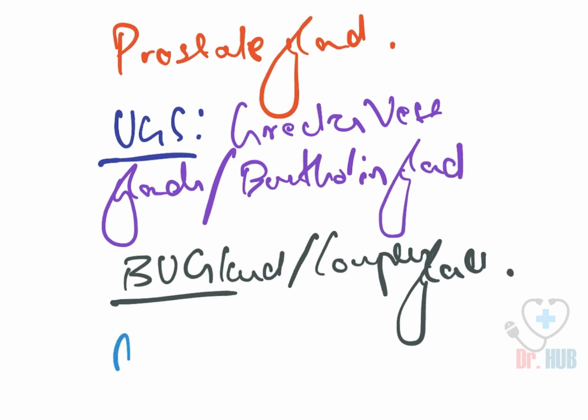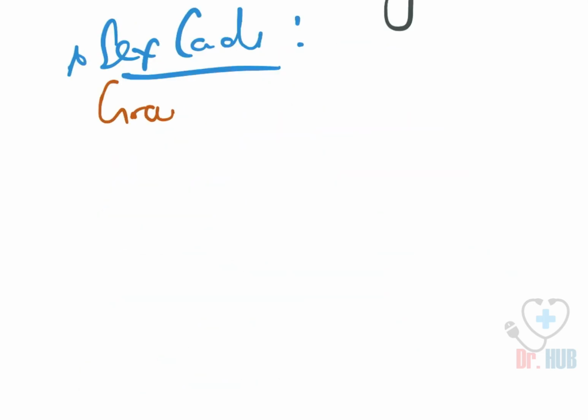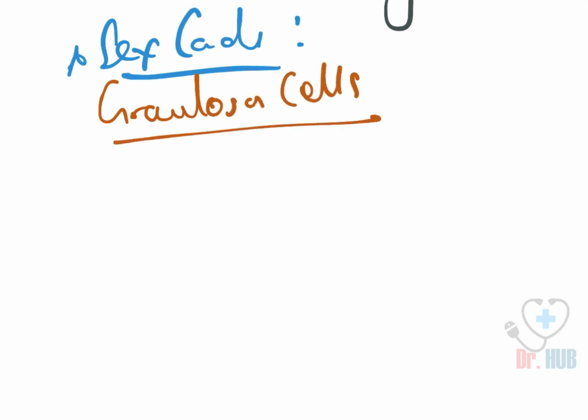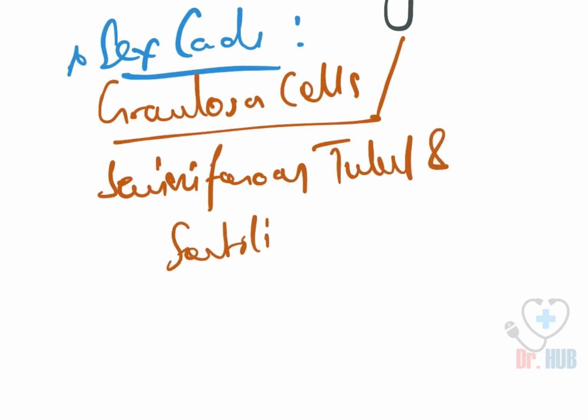Then moving on to the sex cords. This involves the granulosa cells in females, and in males it is the seminiferous tubules and the Sertoli cells.